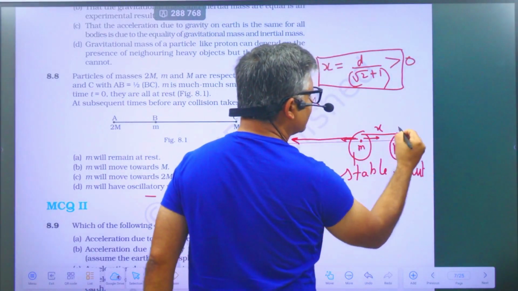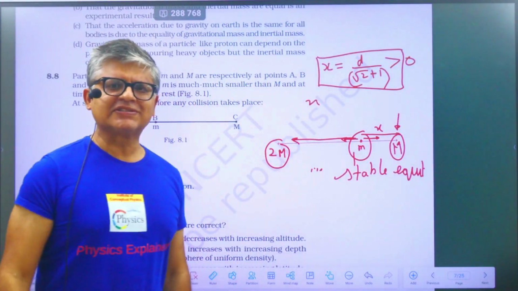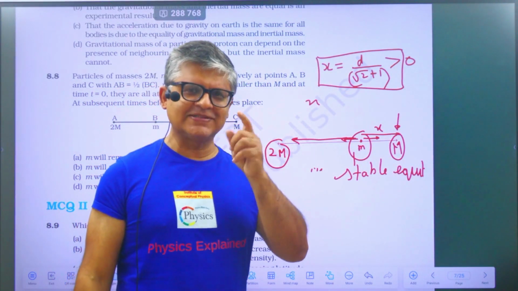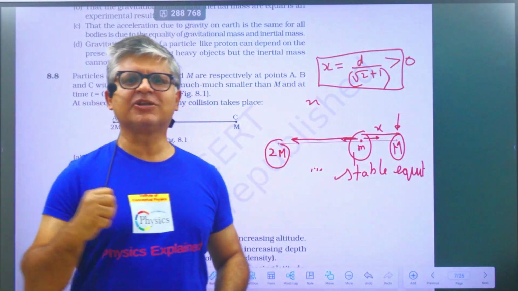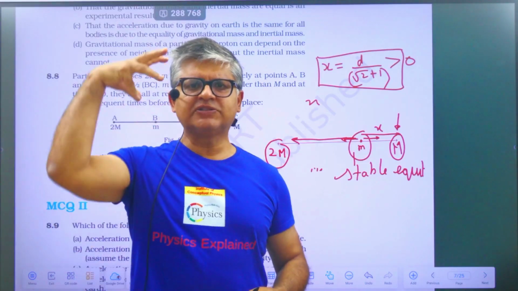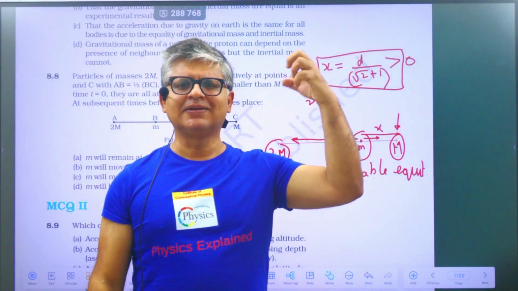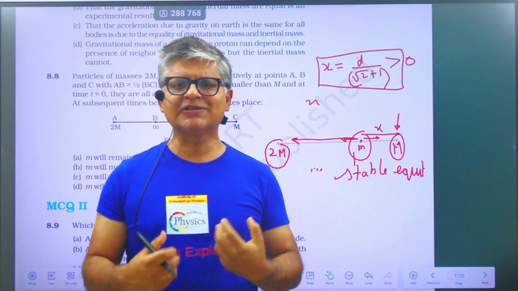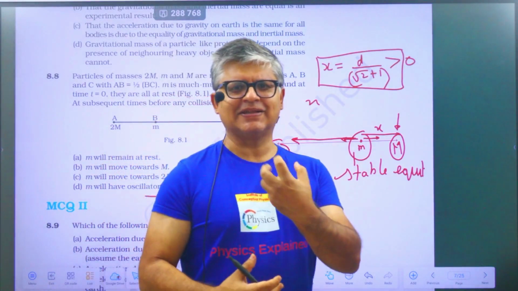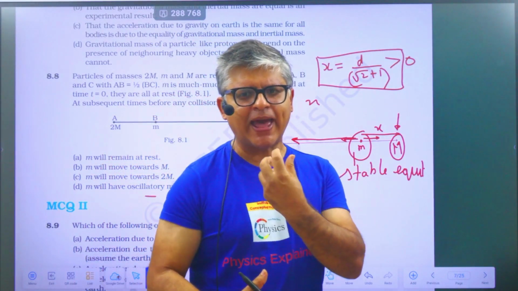So you have moved farther from the smaller mass and you have disturbed the equilibrium, and the moment you move towards 2m, it will just snatch it away towards it. Because now its force has become bigger than the force which is exerted by small m. It's an unstable equilibrium.